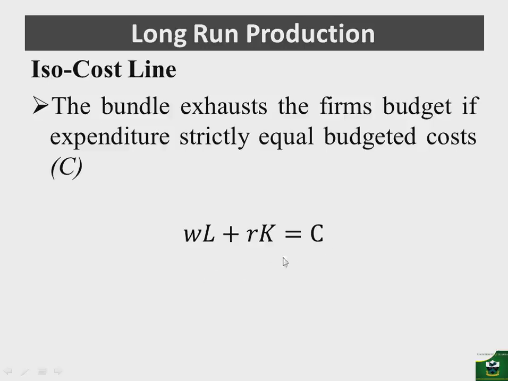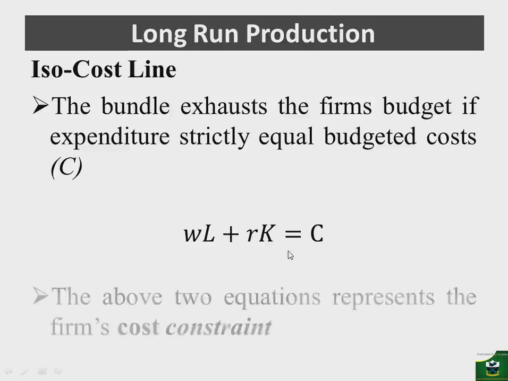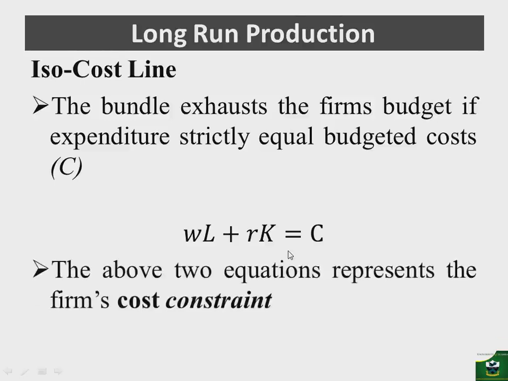Now, if there is an equal sign here, it means the firm is exhausting the entire budget for the inputs. As such, the above two equations, this one with an equal sign and the other one with an inequality, form the firm's cost constraint.